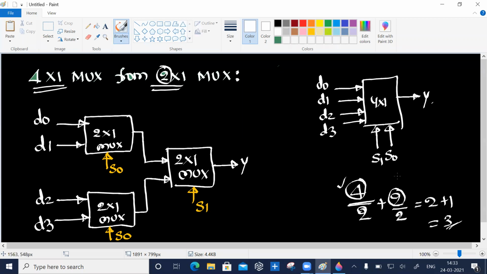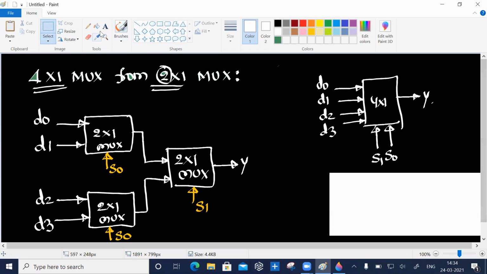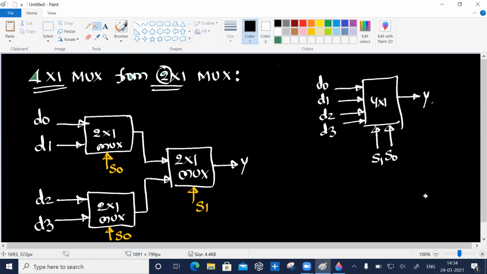But how did we do that? Now you also have the truth table, right? What truth table do you have? Once you go through the truth table, just tell me what you have. S1, S0, Y. I'm asking about the truth table: S1, S0, Y, right? 0 0 D0, sir. 0 1.